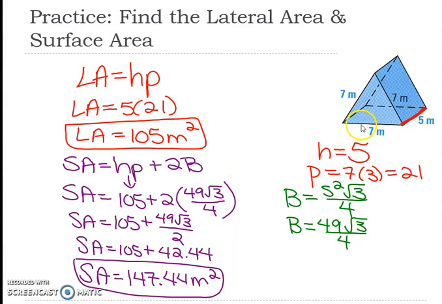The base is 42.44. Do not worry about this part; I'm giving you the area of the base. That's 2 of them. Then add them together and you get 147.44 square meters.